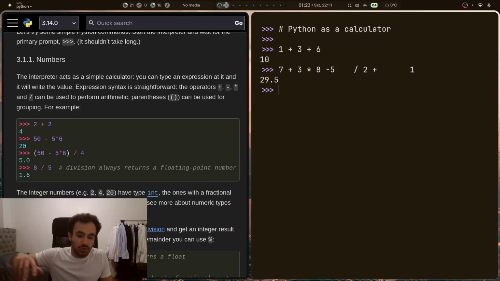And for those of you who are good enough at basic math, you will understand that the hierarchy of these operators is consistent with arithmetic principles.